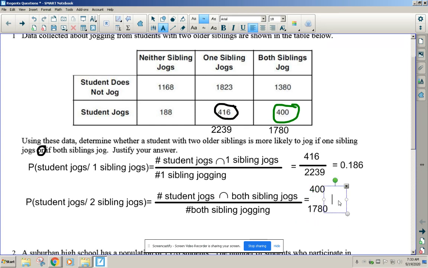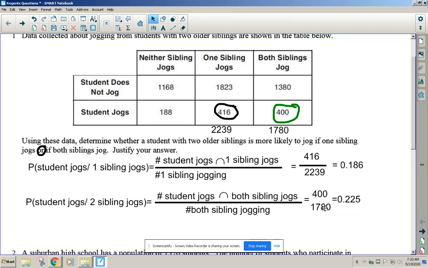However, this fraction isn't going to mean much to me because the numbers are big, but if I divide, I get 0.225, or pretty close to 23% probability that if two of your siblings jog, you're probably going to jog too.